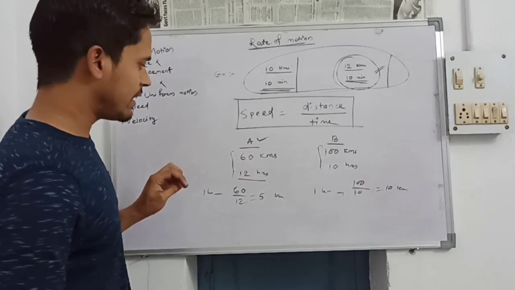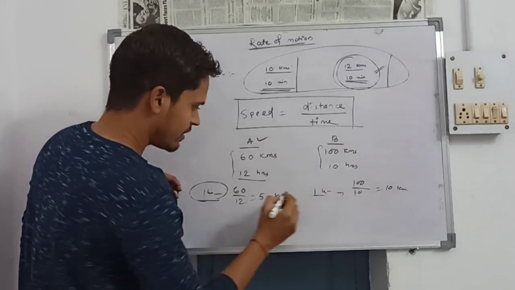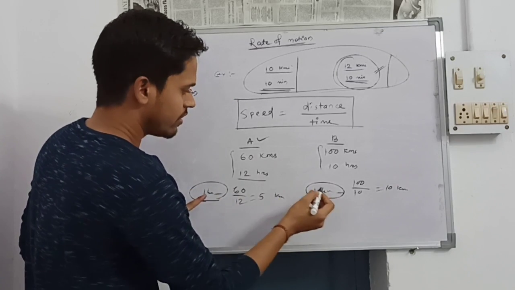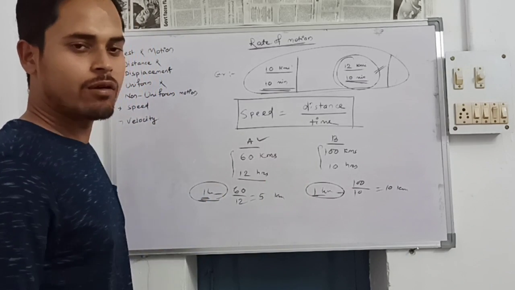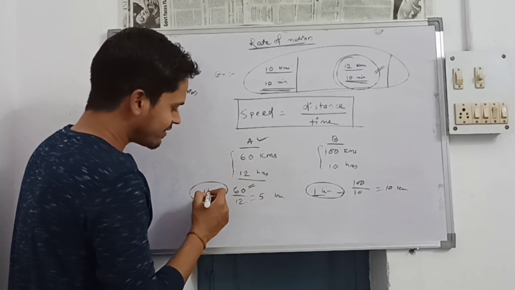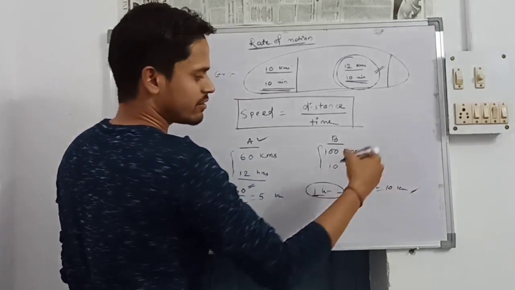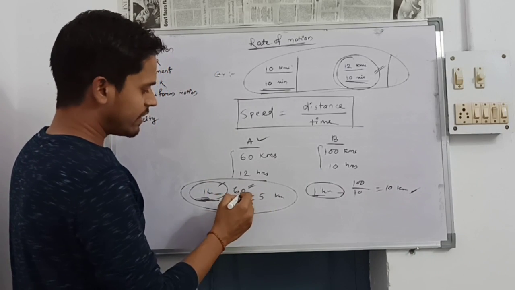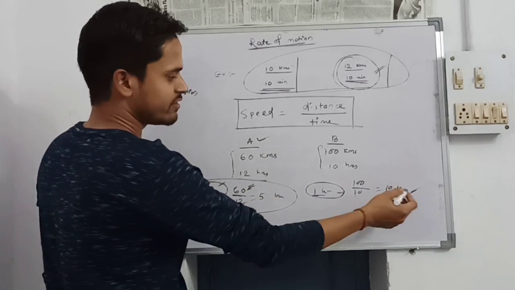So here you are finding the rate of motion by taking 1 hour, and this is called unit time. 1 hour, 1 second, 1 minute, these are called unit time. So you are finding the distance covered by a person or an object in unit time. So here you can tell this person is faster. Basically this is the speed, the total distance by time, 60 by 12 is 5 kilometers, and 10 kilometers.